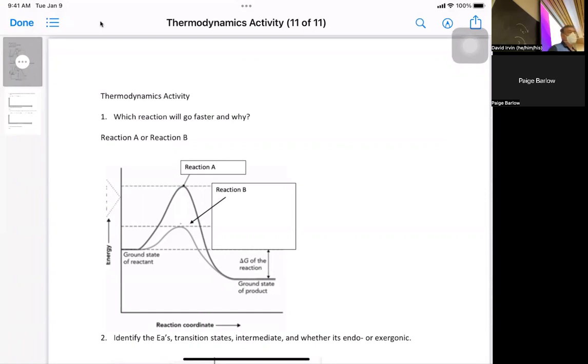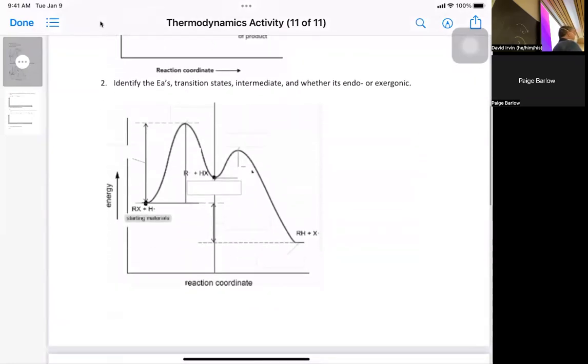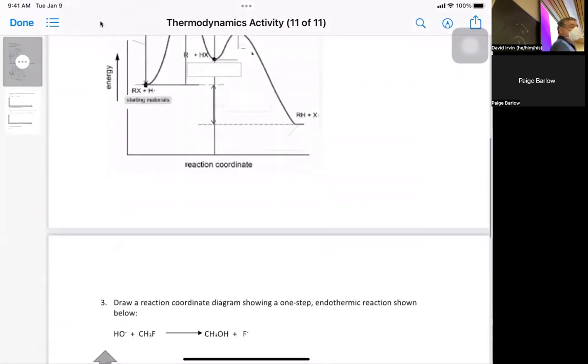All right, so let's talk about the thermodynamics activity here. I want you to go through and think about what we've talked about in the first half and second half of this chapter so far about thermodynamics. Explain to me which reaction is going to go faster and why. Then identify all the different parts of this and tell me what's happening in each part. You can draw little lines and label things like that. This is just to ease you into the next one, which is harder.